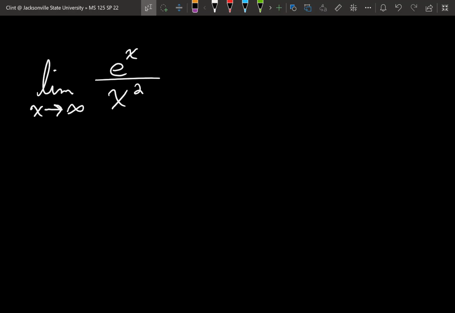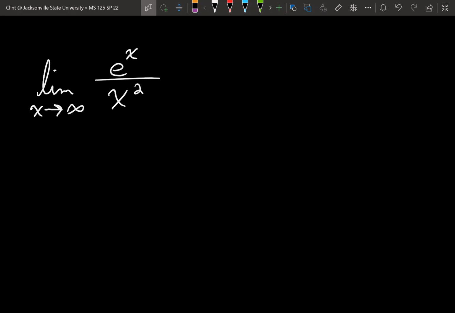Here's another limit. So as our x values get large, what's going to happen to e to the x? What's it going to approach? Infinity, yeah.